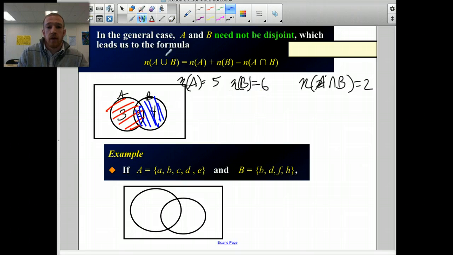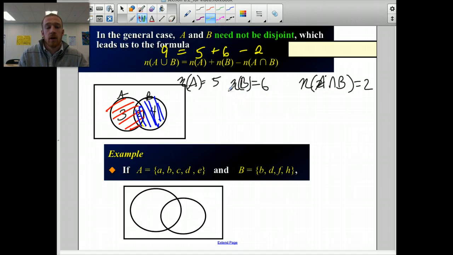So the number of things in A union B should be 9. We said the number of things in A is 5 and the number of things in B is 6. See how it overlaps, the blue is over the red? We've counted that twice, so we have to subtract one of those double countings. So we have to subtract the 2, and 5 plus 6 minus 2 is 9.